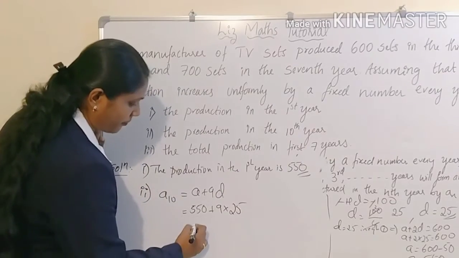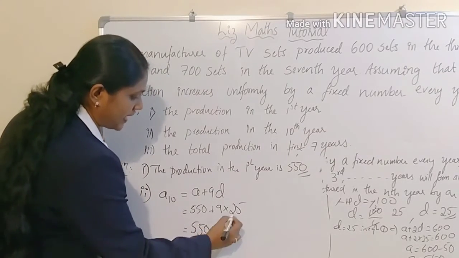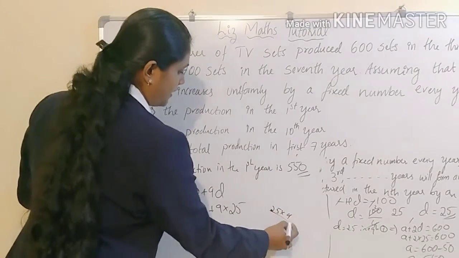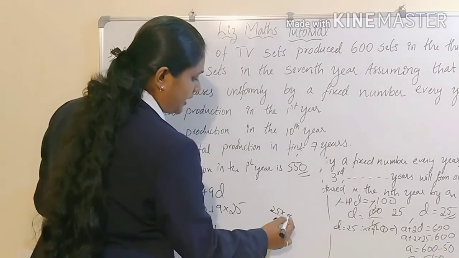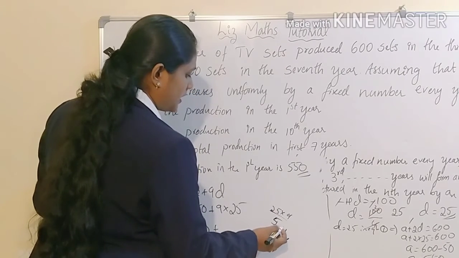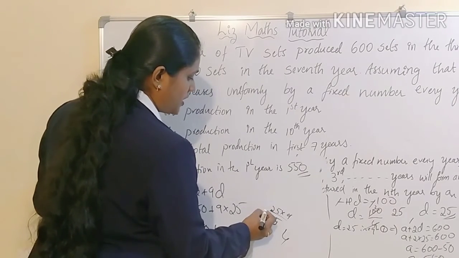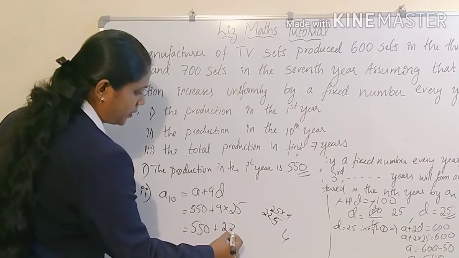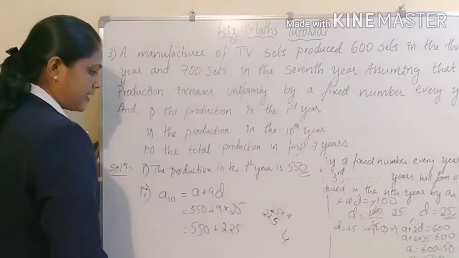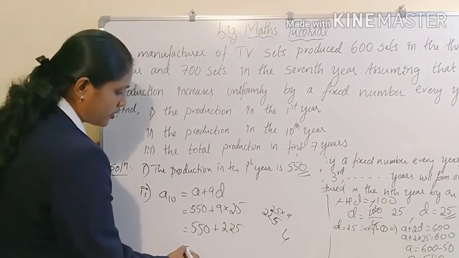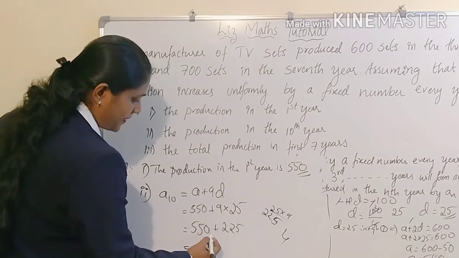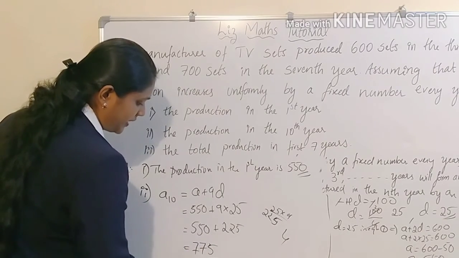Now 550 plus 9 into 25: 9 5s are 45, 4 in your hand, 9 2s are 18, 18 plus 4 is 22, 225. 25 9s are 225. So add this, 5, 2 plus 7 is 7, 775.